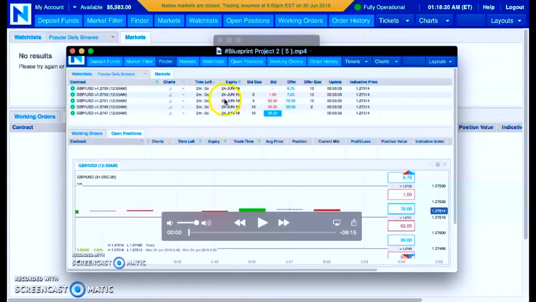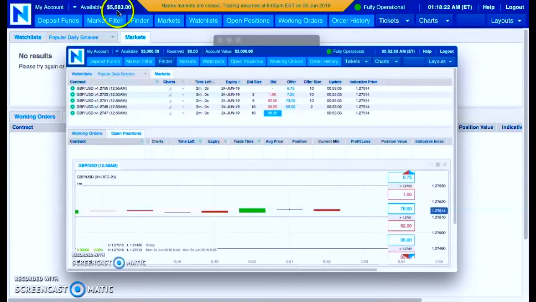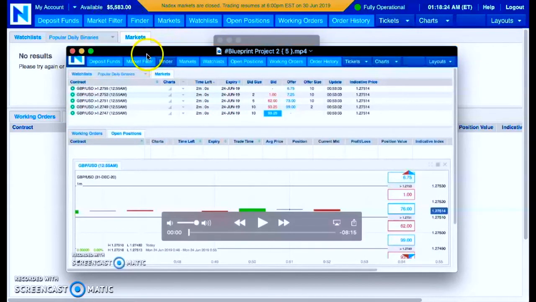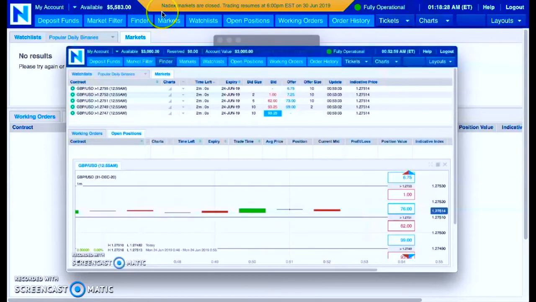On June 24th, the balance in this account was 3,000. So the balance started at 3,000, and that's where I begin each week with the new balance. So when I make this withdrawal, it's going to leave 3,000 for next week, the same way last week when I made the withdrawal, it left the 3,000 for me to use for this week's trades.